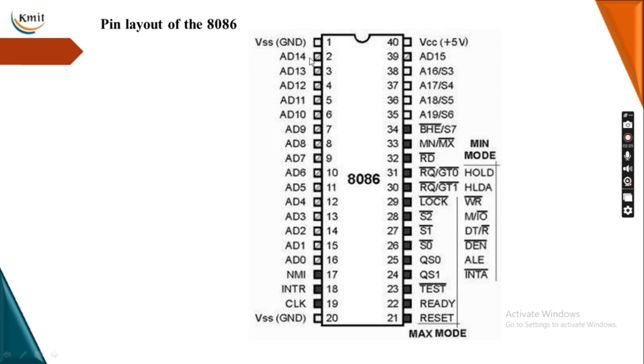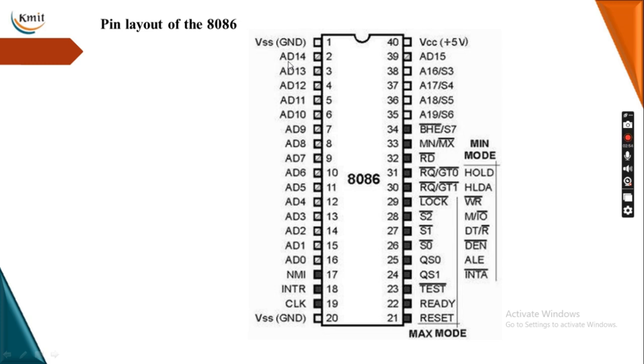As you are able to see here, from AD0 to AD15, from pin number 2 to pin number 16, these are multiplexed pins, nothing but they are multiplexed with the address and data bus.